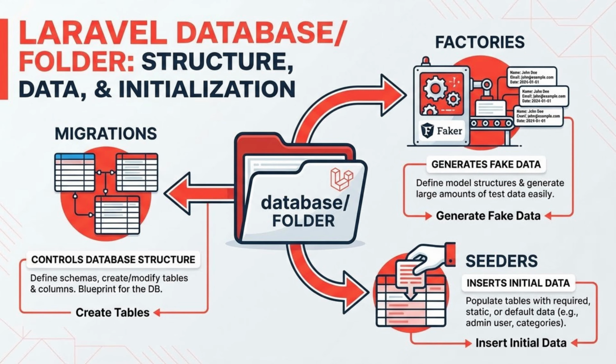Seeders complete the system by inserting initial or default data into your database. While factories are great for generating random test records, seeders are perfect for inserting required or static information, like an admin user, default categories, system settings, or other data your application depends on from the start. A seeder class can also call factories to populate tables with both structured and random data.